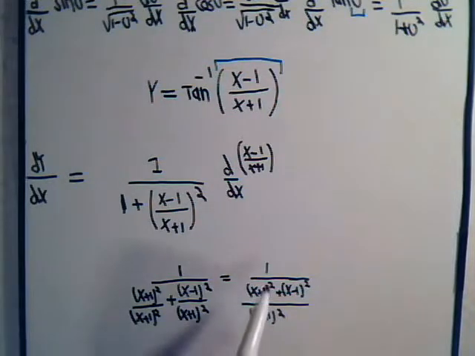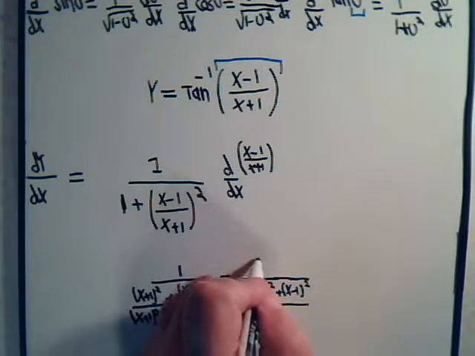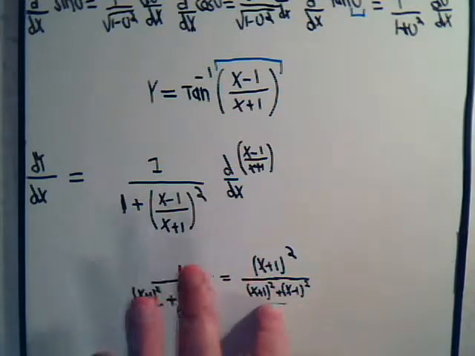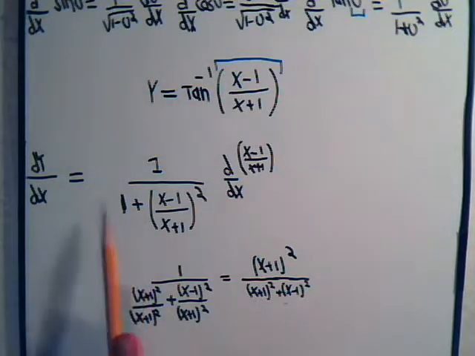Or 1 over this would be the same thing as multiplying by the reciprocal of this. So we can take this upstairs to the numerator and write it like this, x plus 1 squared, and take it away from here. So far, all we are doing is just manipulating the denominator right now.